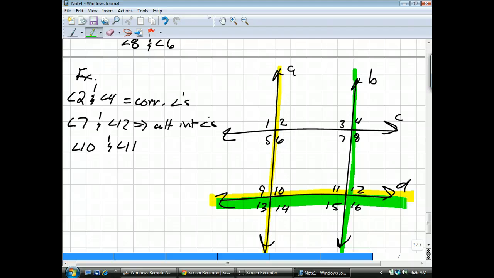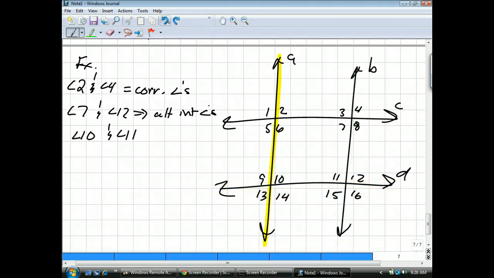So line D is the transversal. So angle 10 and angle 11 are both inside the 2 lines and above the transversal. So they're on the same side of the transversal. So we would say that those are same side interior angles. Okay, and we just write that SS interior angles.